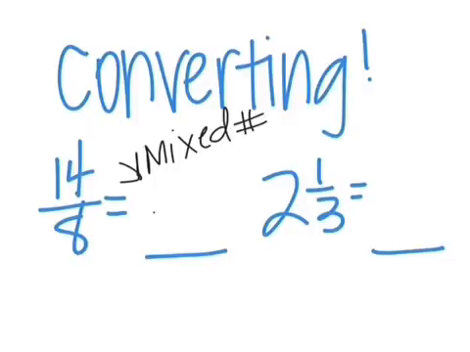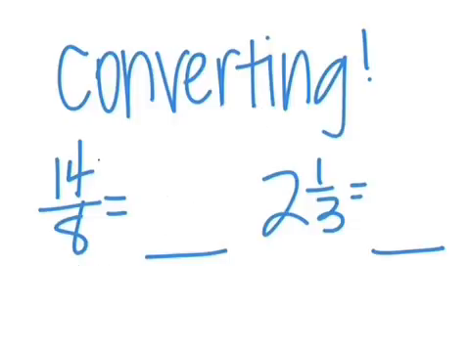So I can pull one group of 8 out. 14 minus 8 is 6. So I can pull one 8 out and have 6 out of 8 left over.